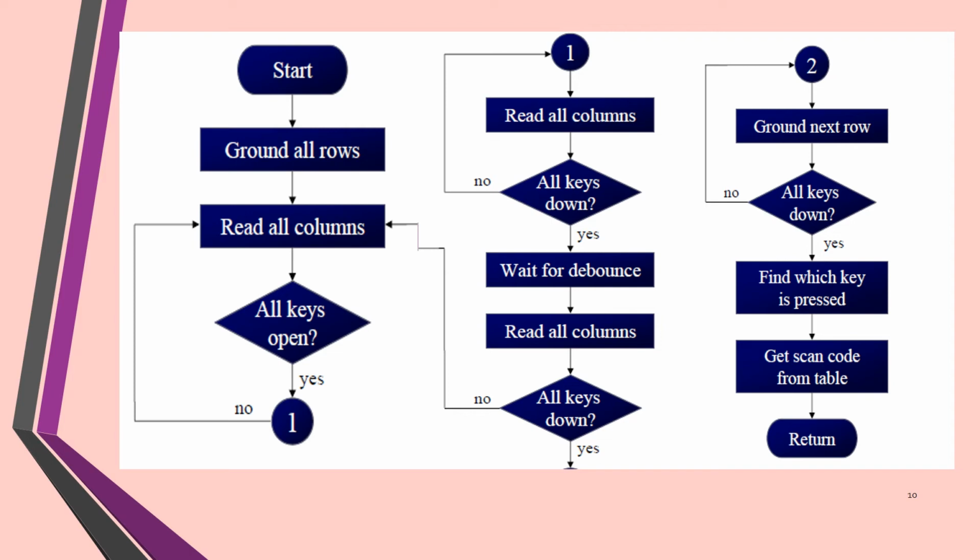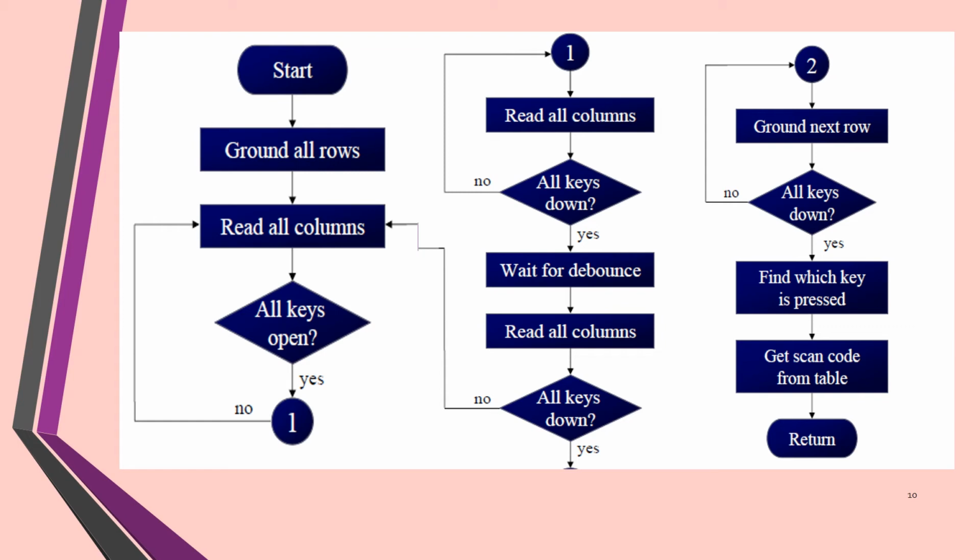So this is the general sequence. If all keys are open, the answer is in the first flowchart itself. If the answer to all keys open is no, then go back and read all columns once again. Similarly, in the second flowchart, after the read all columns instruction, if all keys down is no, then it will immediately go for reading the columns.